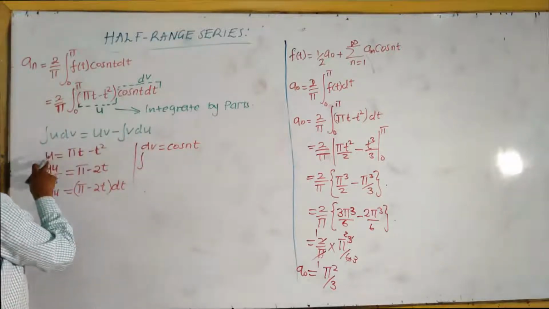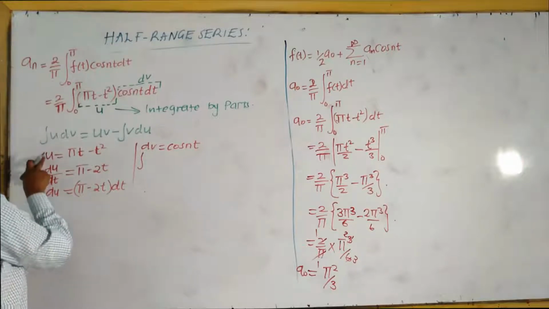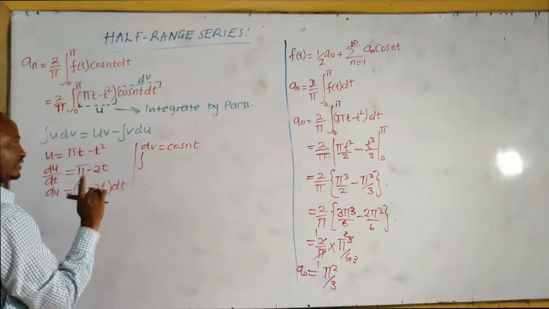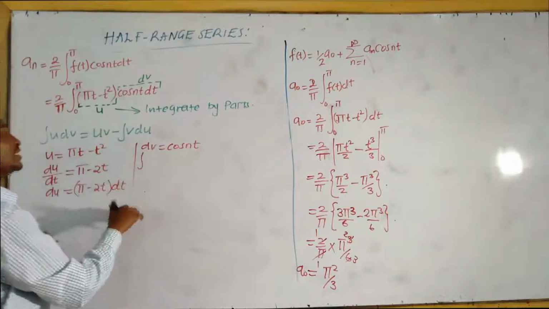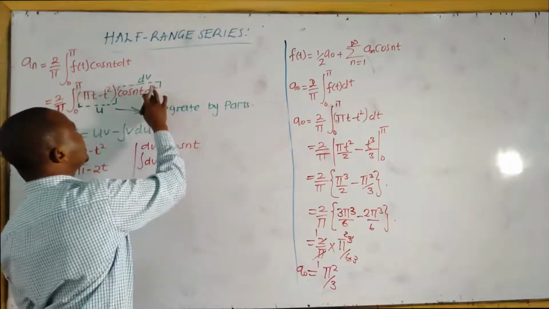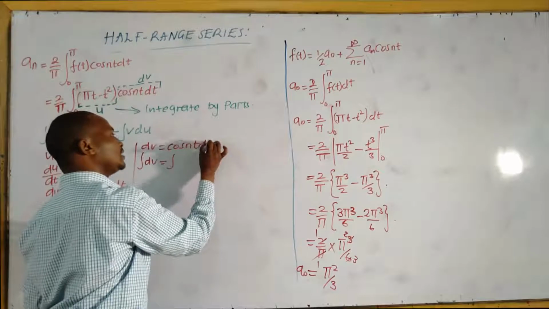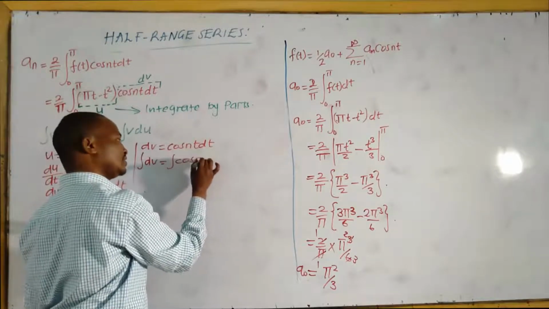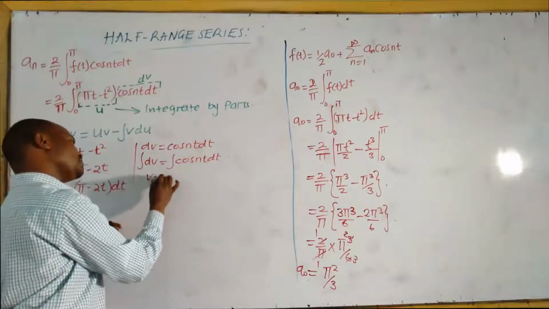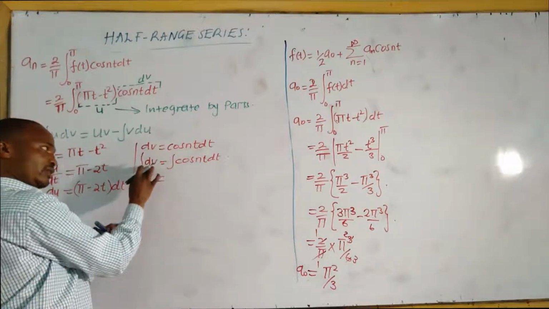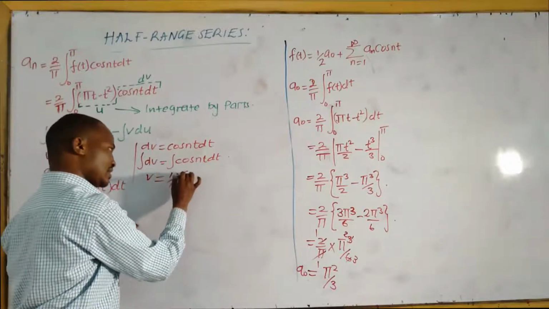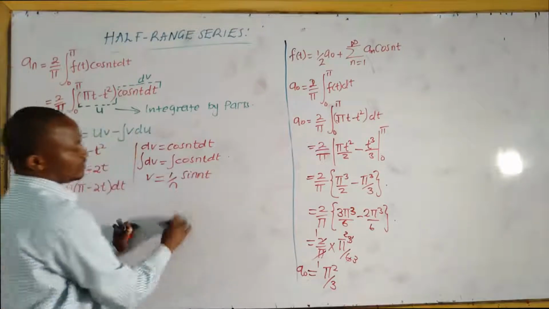To get du from u, we differentiate, but now we want to get v from dv, so we integrate. v is equal to the integral of cos nt dt, which is 1 over n sin nt.